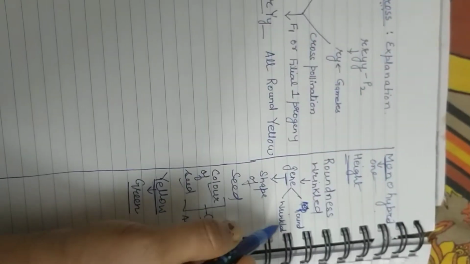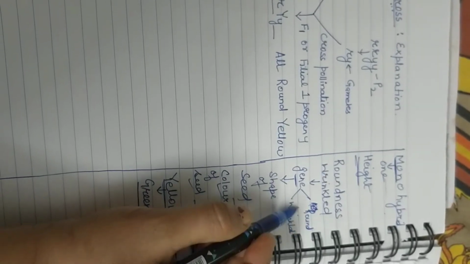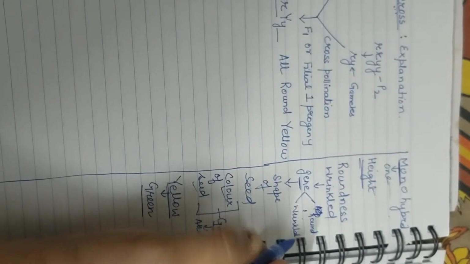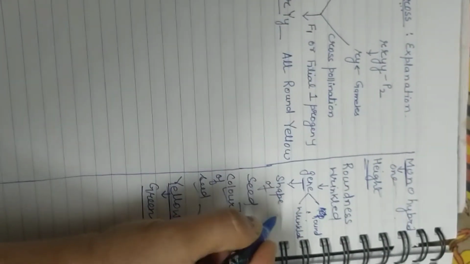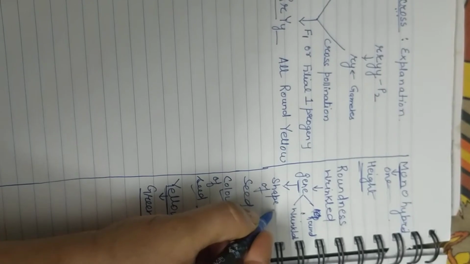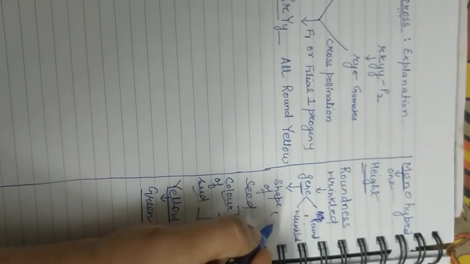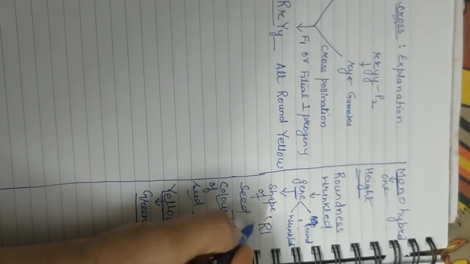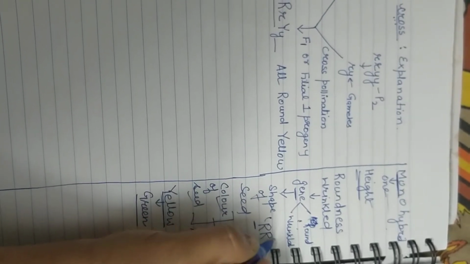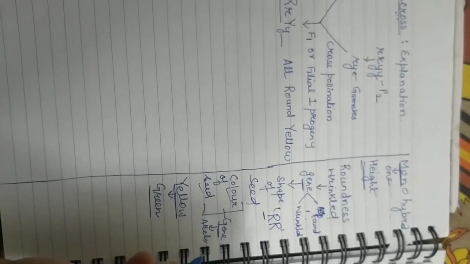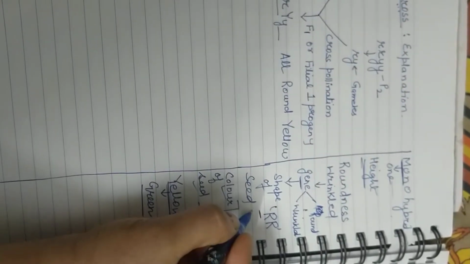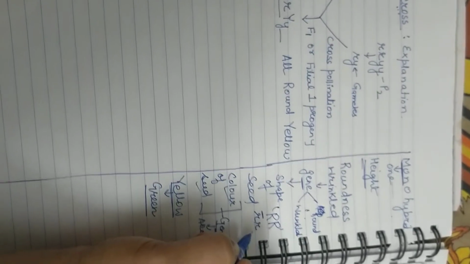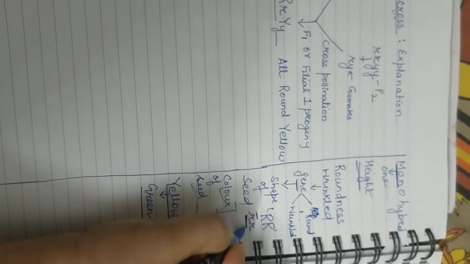When Mendel explained the shape of the seed, for his convenience he took round seeds and expressed them with a capital letter. Capital R is expressing roundness, and he considered small r, or lowercase r, as the recessive trait.